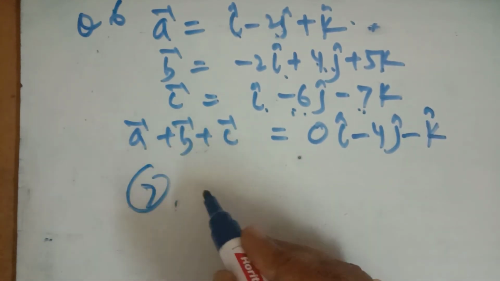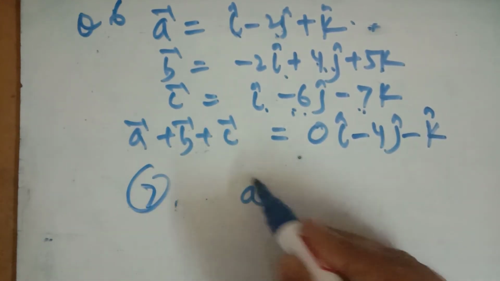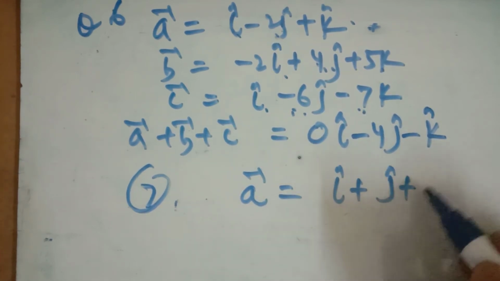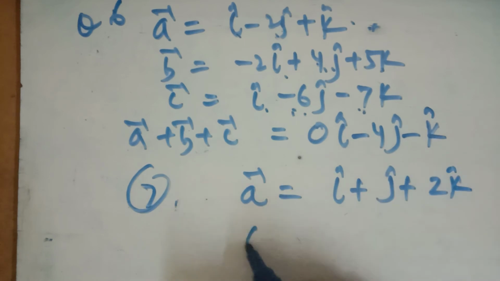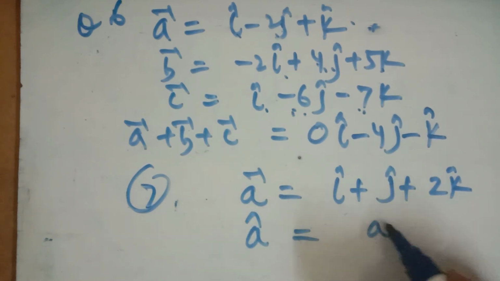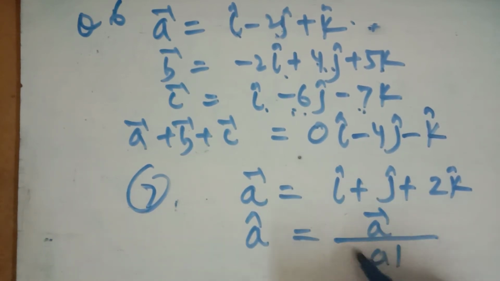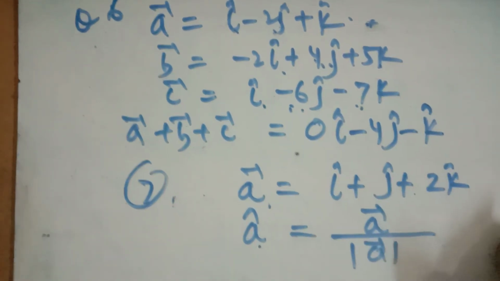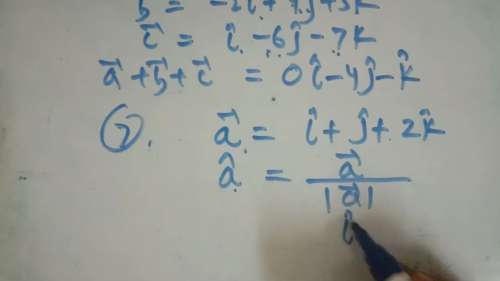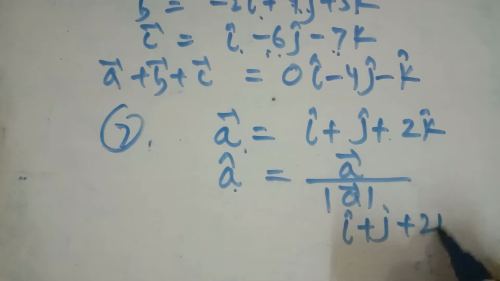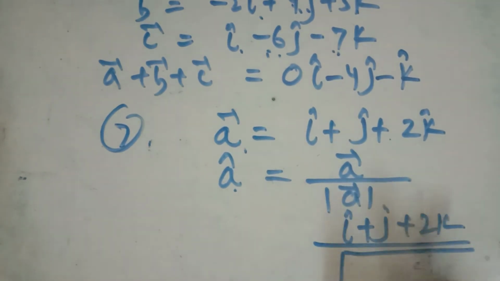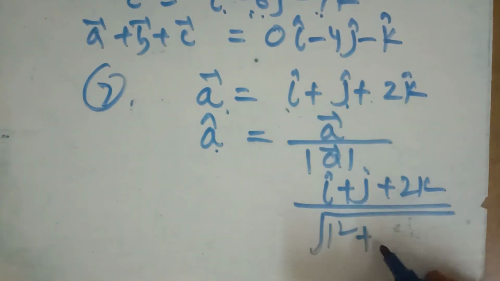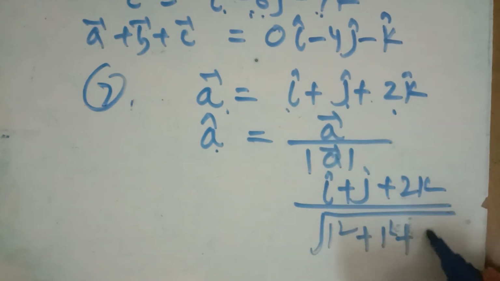Question number 7. Find the unit vector in the direction of this vector. To find the unit vector, denoted by a cap, it is equal to the vector divided by its magnitude. So vector A is i plus j plus 2k and the magnitude of this vector is under root x square, that is 1, plus y square, that is 1, plus z square, that is 4. So the unit vector is i plus j plus 2k upon root 6.